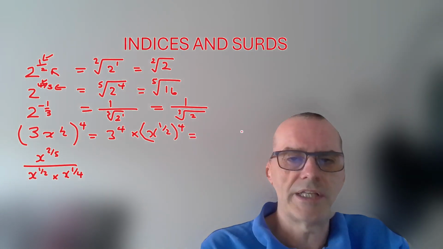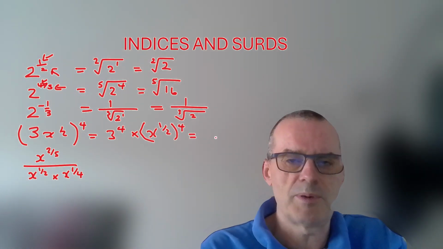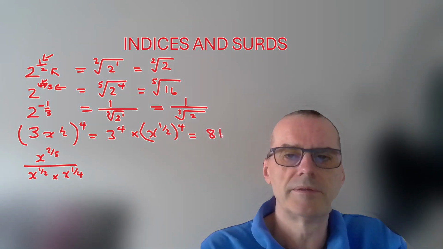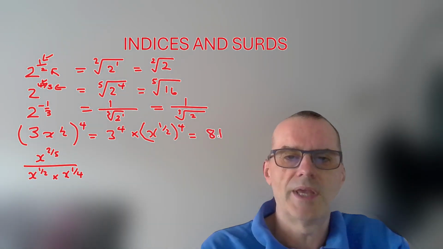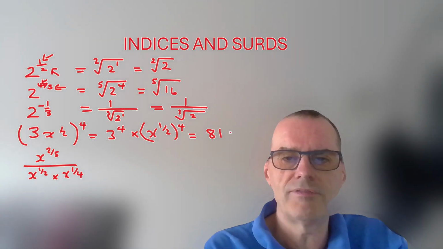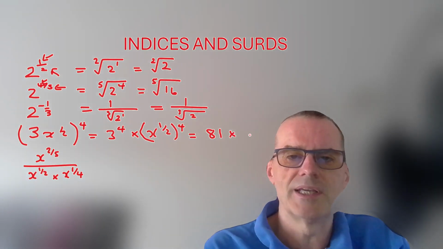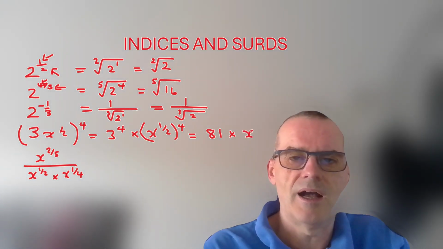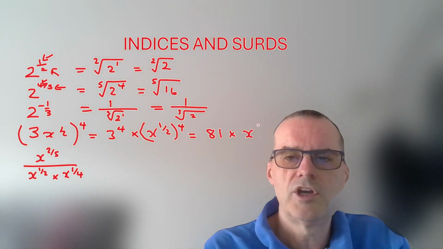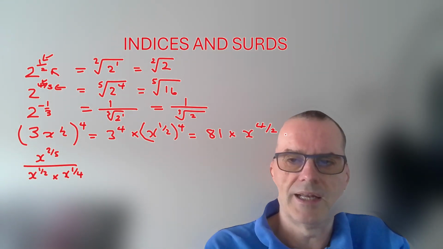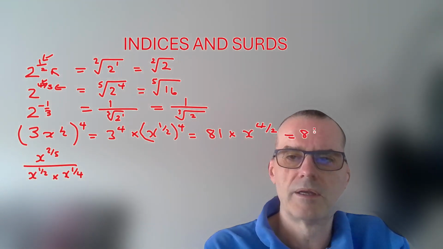So 3 to the power of 4, if we multiply that out, we get 81. And we have x to the power of a half to the power of 4, so the power is a half multiplied by 4, which is x to the 4 over 2. Now 4 over 2 is 2, so that leaves 81x squared.